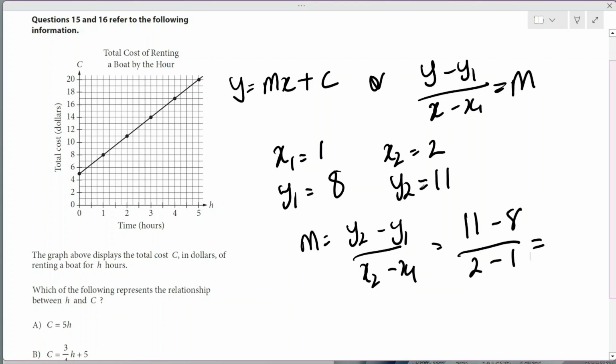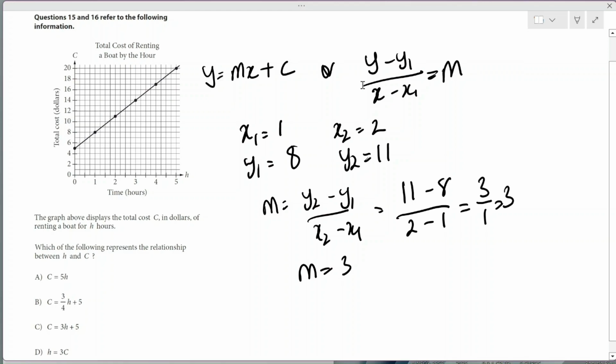This is equal to 11 minus 8 equals 3 over 2 minus 1, that's 1. 3 divided by 1 is 3. So our m is 3, the gradient is 3. If you know your gradient is 3, you can use either of these two formulas to solve the question.